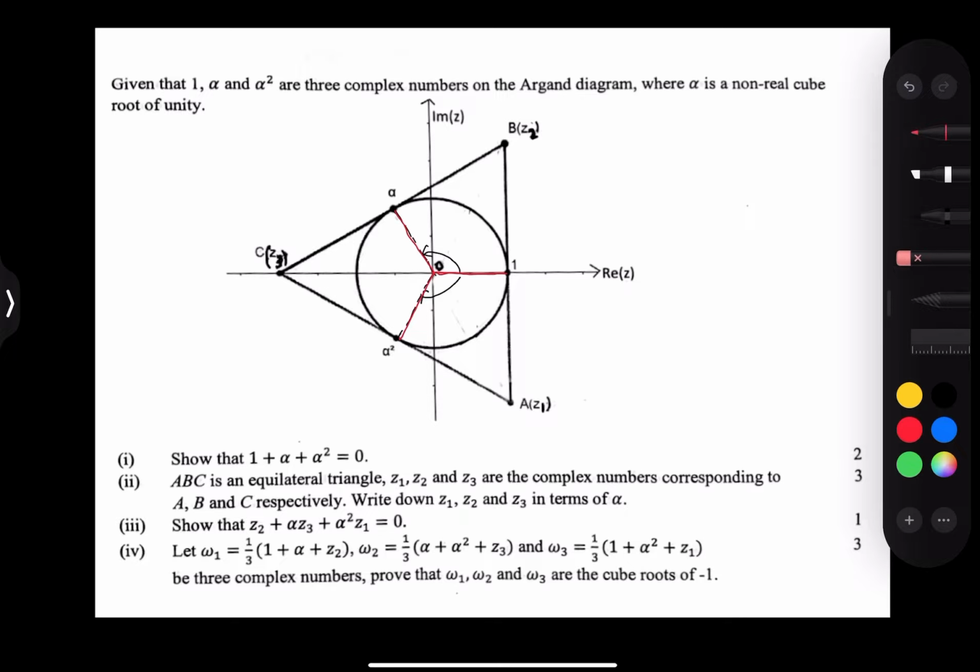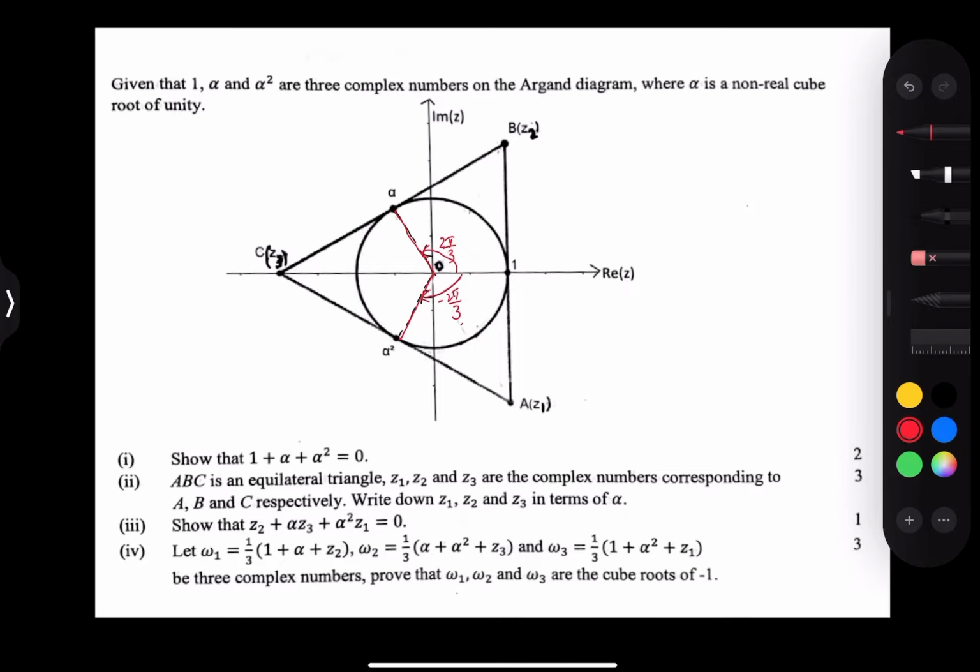Each angle here would be 2 pi on 3, and this angle is also 2 pi on 3, but since it's in the negative direction it is negative 2 pi on 3. And the rest is another 2 pi on 3, equally dividing the whole circle into 3 sections. So this is the roots of unity property.